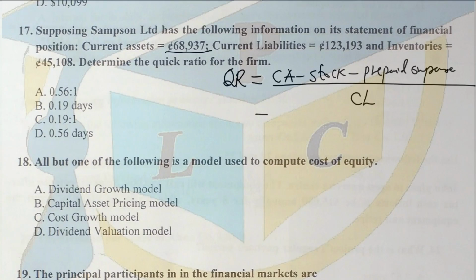So in this case, as I've already defined, if you have a quick ratio of 1, meaning that you have $1, or one unit of currency, that you can easily use to settle your current debt.